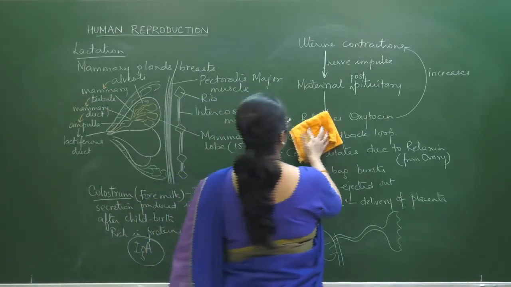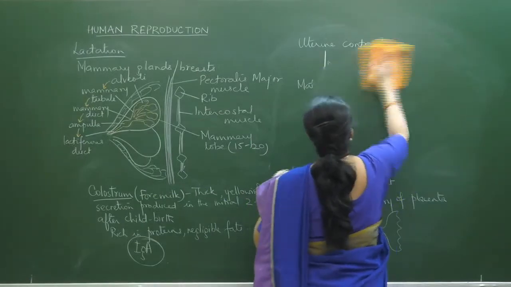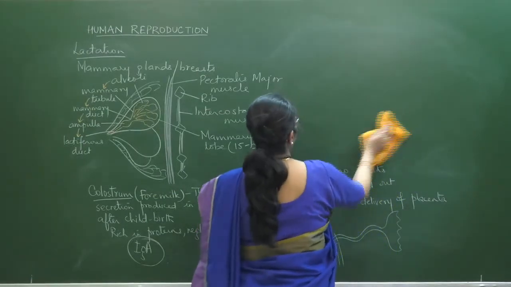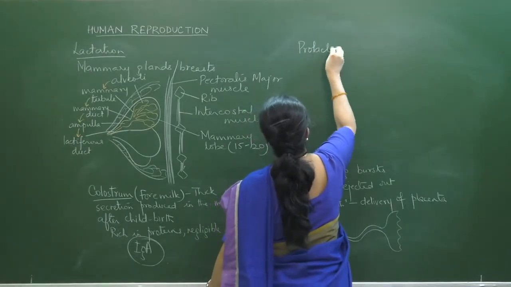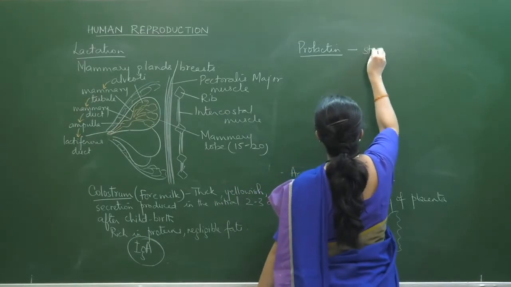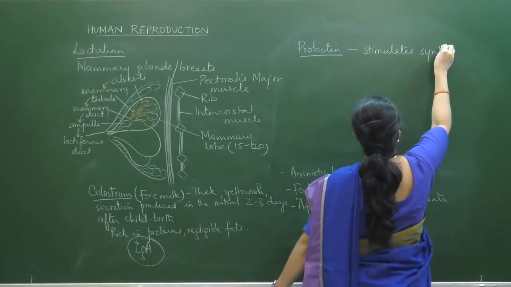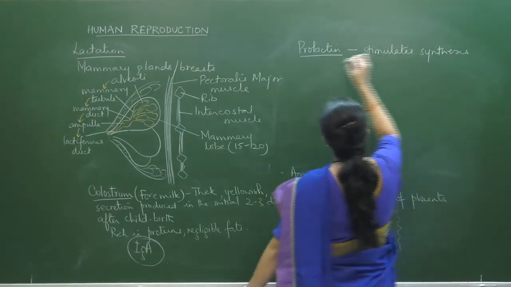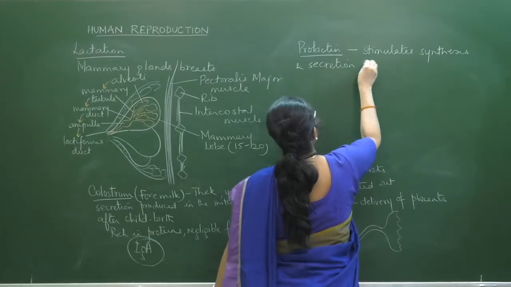So during lactation, the hormone which will remain in high concentration is prolactin, right? So prolactin stimulates synthesis and secretion of milk.